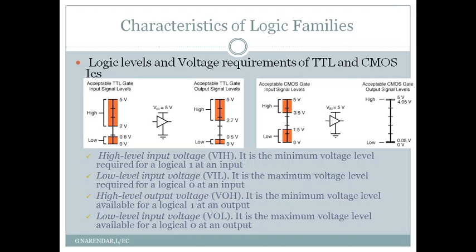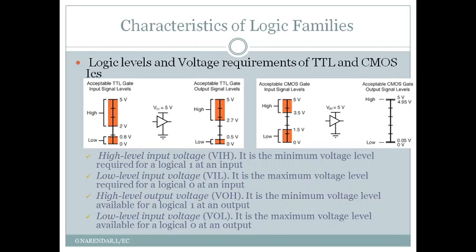Do you know what is meant by a logic 0 signal? We are saying that a circuit is made up of some semiconductor devices and some circuit elements. Basically, it's an electrical circuit. For that, we should give either voltages or currents as inputs, and we will get voltages and currents as outputs. But here, we are not giving a particular voltage as input, or getting a particular voltage as output.